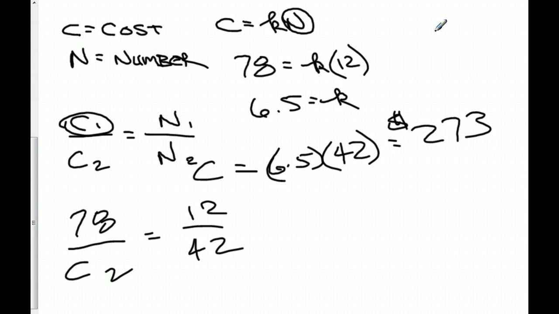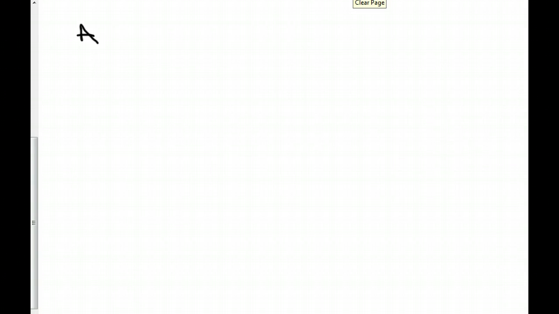Good. Okay, so when it comes to inverse, exactly the same thing, only we're going to start with A equals K over B. So instead of A equals K times B, it's A equals K divided by B. Okay? So, looking at example 80.3, in fact, we'll look at it twice.